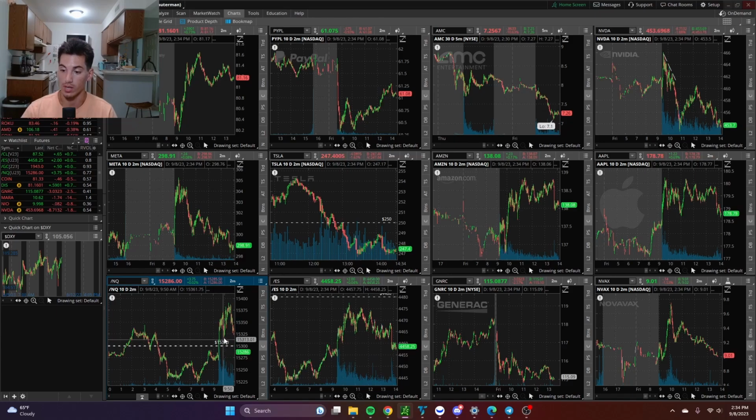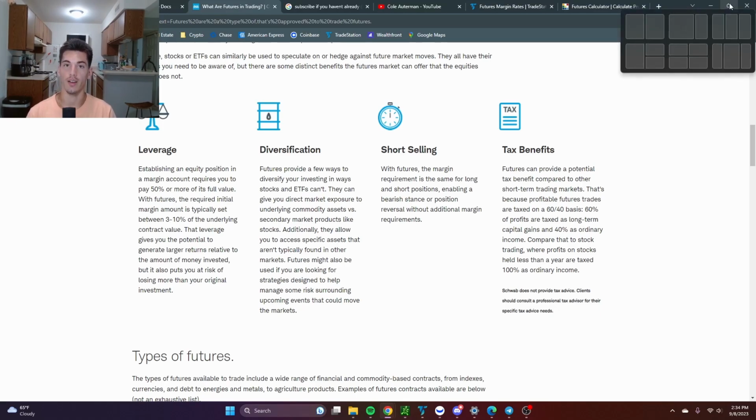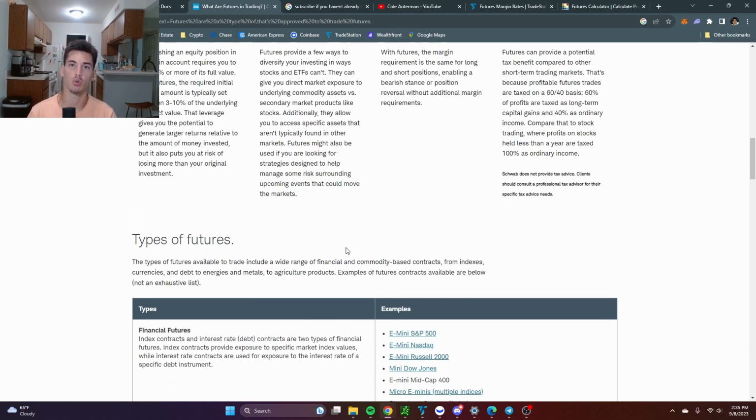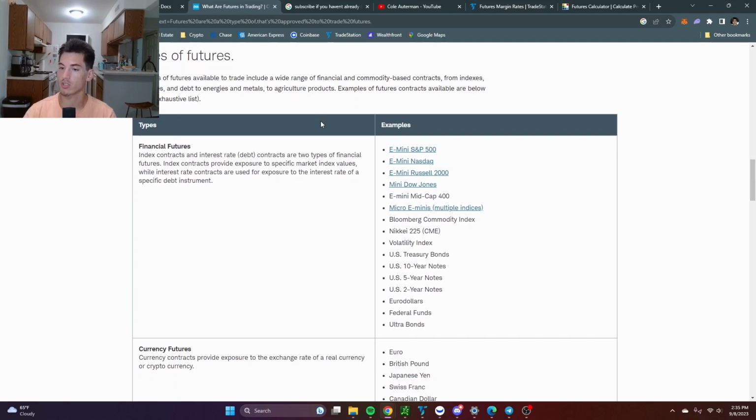I mean, there's not crazy volatility like how it might be at 9:30 in the main session, but again, if you can't trade every single day and can't be at the screens for an hour, 2 hours plus, then you can try to swing trade with some micros, and that could be a decent strategy for you. So that's just some of the pros of futures, and now let's look back into the types of futures.